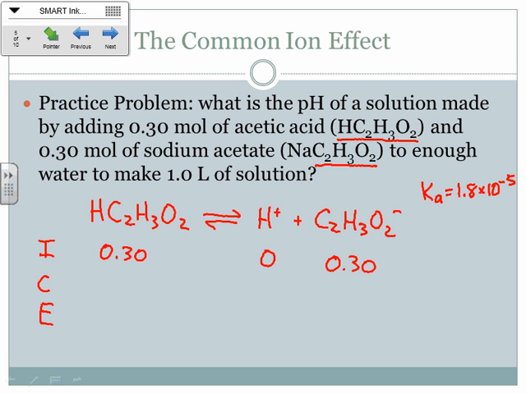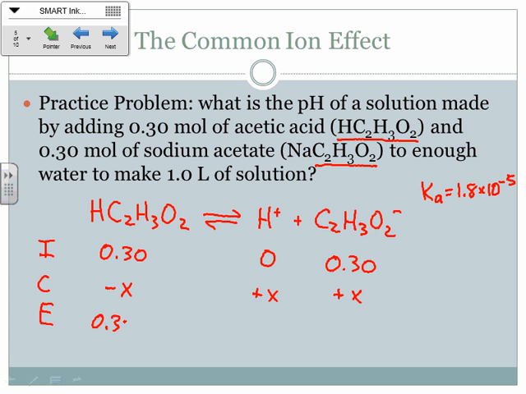Because we have none of the H plus, this equilibrium is going to have to shift to the right. Okay, it can't go to the left at first because there's no H plus for the acetate really to react with. So the acetic acid concentration is going to go down, and the concentration of the products is going to increase.